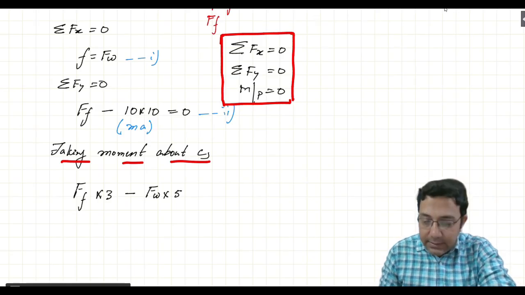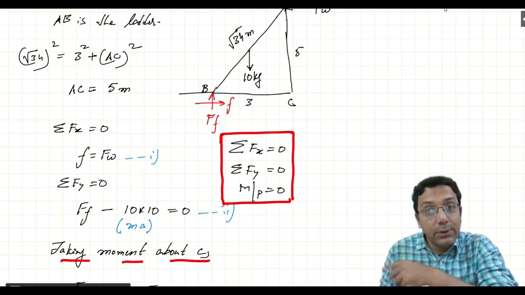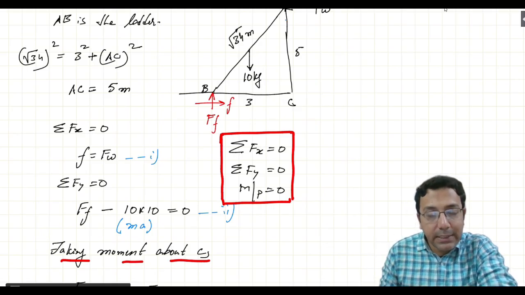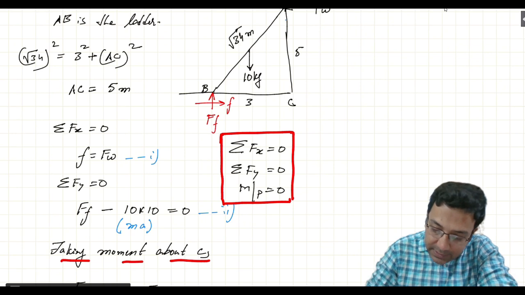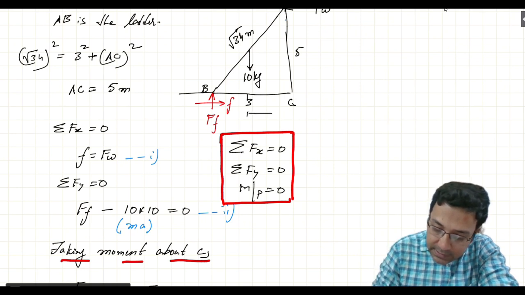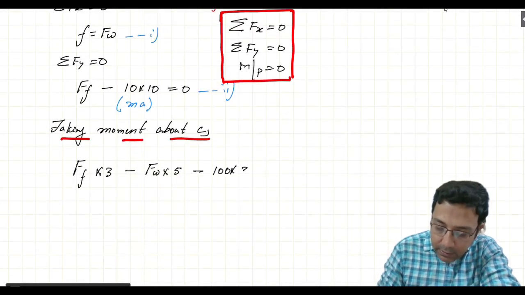Anything else? The 10 kg is coming, g we are considering to be 10, so 10 kg into 10 is 100. So 100 into 3 by 2, because if it is coming down here, this distance is 3 by 2. So minus 100 into 3 by 2 equals 0.